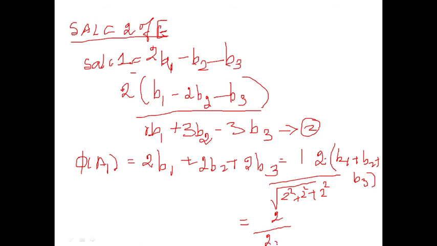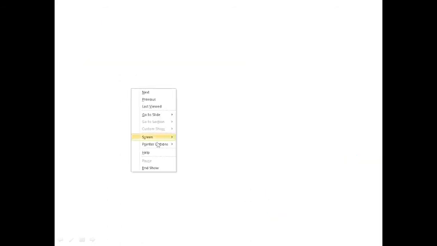So it will be 2 root 3 into b1 plus b2 plus b3. So I'm going to remove these, and my first SALC of A1 symmetry, phi A1 after normalization, will be of the form 1 by root 3 into b1 plus b2 plus b3.